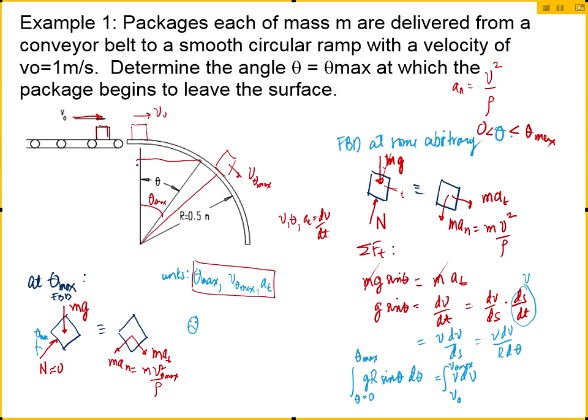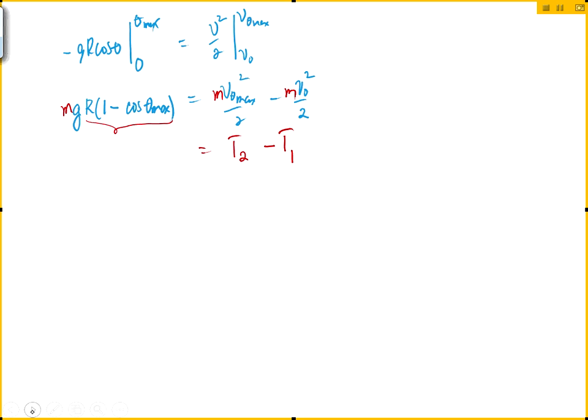Yeah, it's actually how much it moves down, right? So this is r cosine theta max. Therefore, r minus r cosine theta max is the distance that you moved along the vertical, right? So this is really m g times the change in height, which gives you the work done by gravity, right?